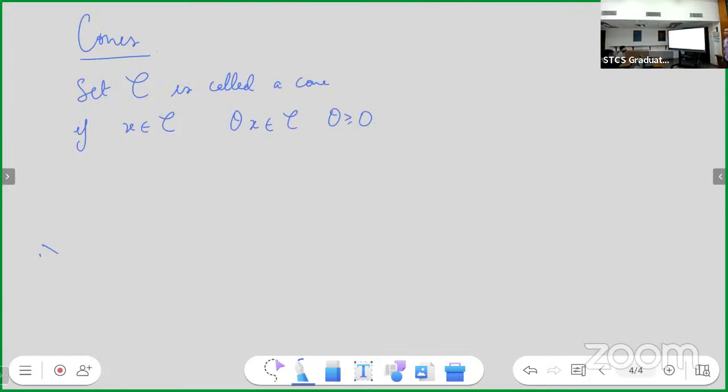Very simple set. That's how you define it. Anything, you should give an example and a counterexample. So that's the most obvious example of it.